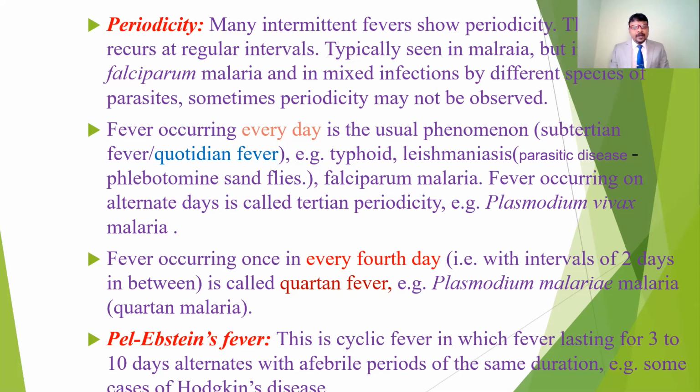We can find it. Also, some patients may get the fever every fourth day, or at intervals of 2 days. That is called the quartan fever, most commonly seen in Plasmodium malaria. They get the fever every fourth day, or with 2-day intervals in between.